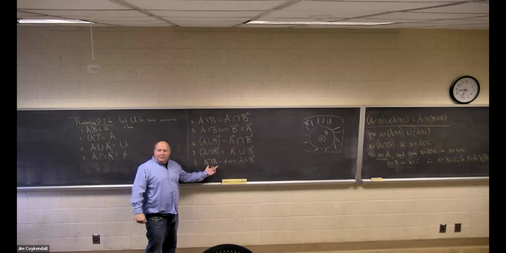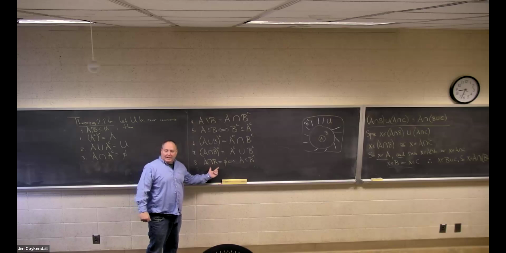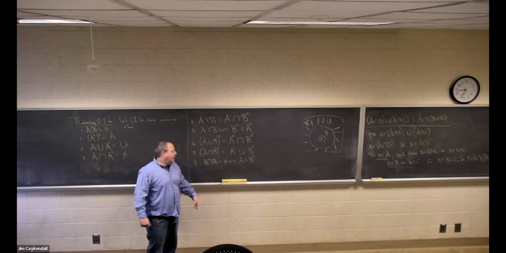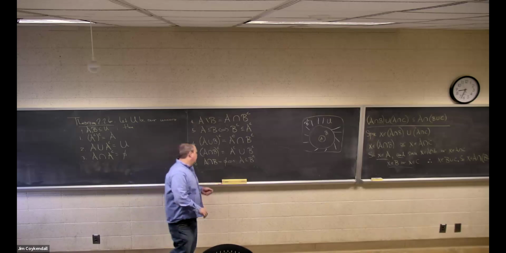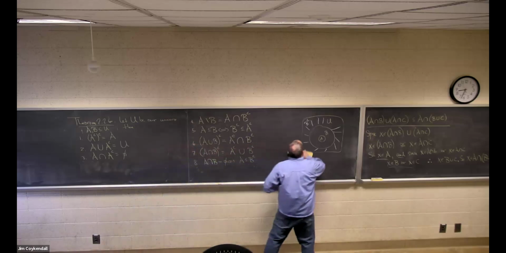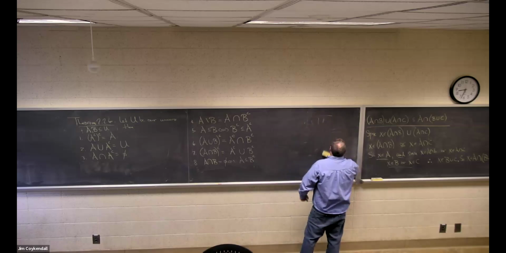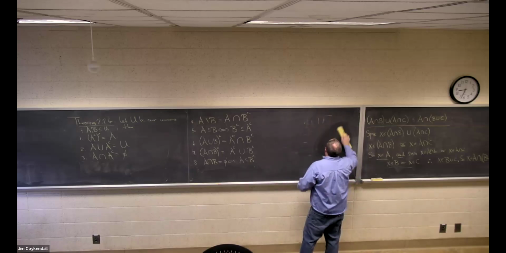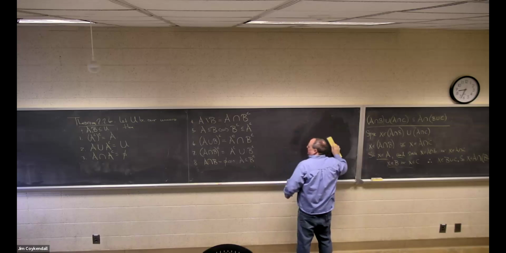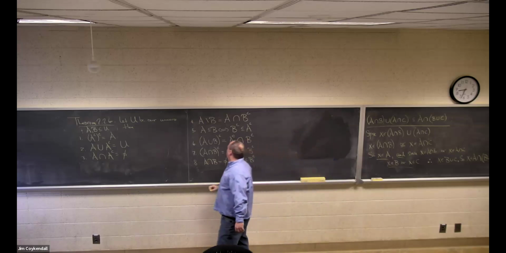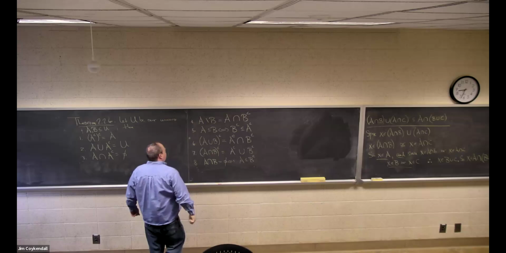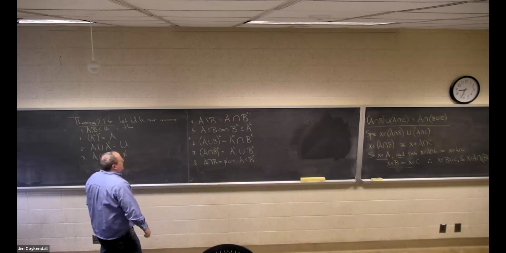By the way, there's nothing special about A. This also means, though I didn't write it down, that B is contained in A complement as well, right? But I only need one of them to do that. So let's do this one.